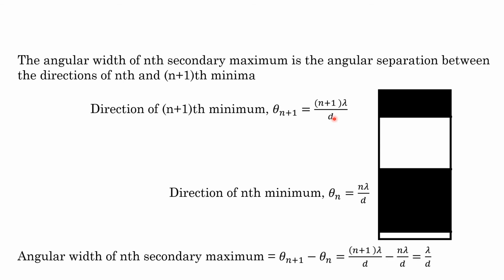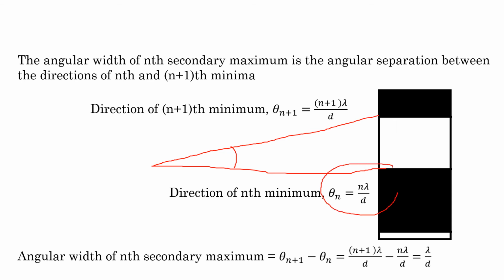So if I can find out the direction of the nth minimum and the direction of the n plus 1th minimum, then I can find out this angular separation by subtracting the value of the nth minimum from the n plus 1th minimum.